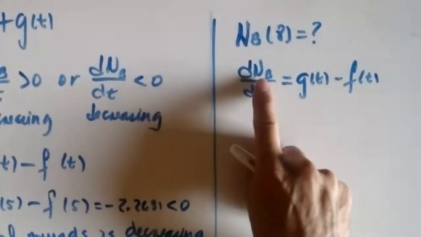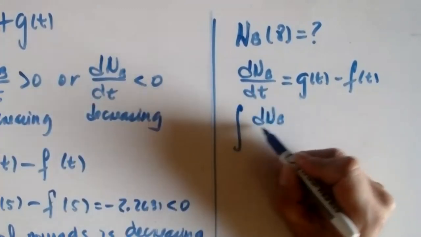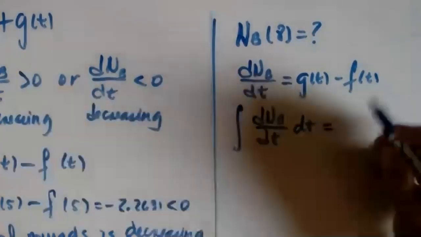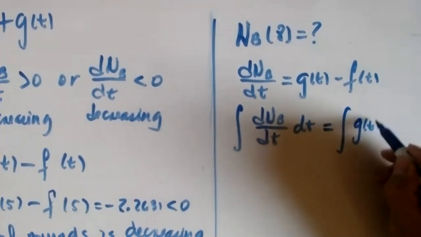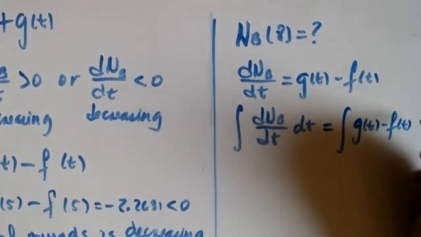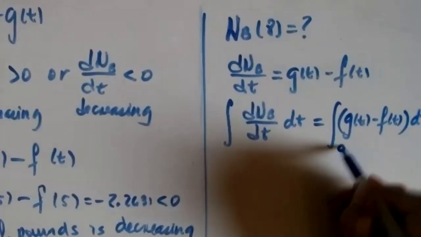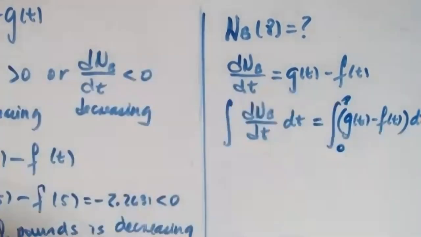So we need these ones. So again, we have to integrate. Integrate dN_B over dt. dN_B/dt equals integral of g of t minus f of t dt. Now, the times from 0 through 8, correct?